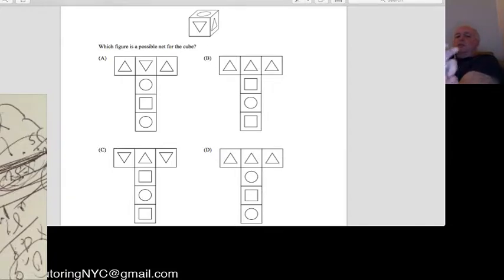So let's make sure A works. Okay? So again, A has alternating triangles, because that's what we see on the front and the right-hand side of the cube. So that's good. We have a triangle pointing up on the right-hand side of the cube, that points to a circle. So we have a triangle on A pointing down at the circle. If we turn A upside down, that's cool.